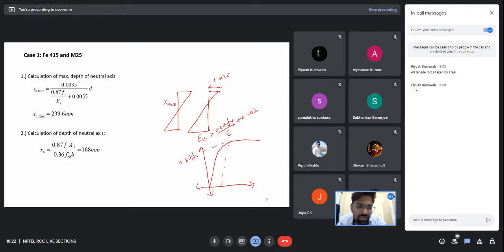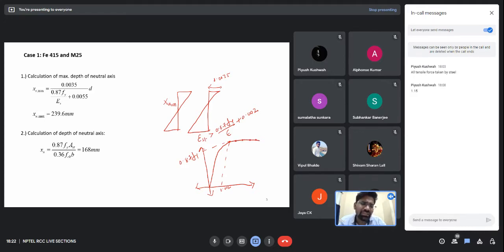This is fy. So for this value our yield strain occurs. This is 0.002. Now what I am saying, my strain in the steel is greater than this value. It is greater than this value means it can be anywhere in this graph.